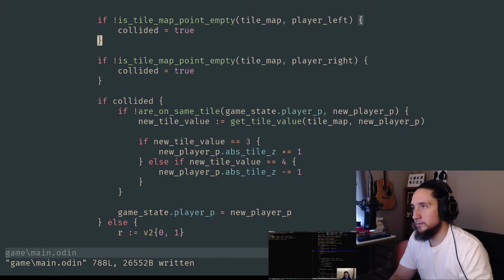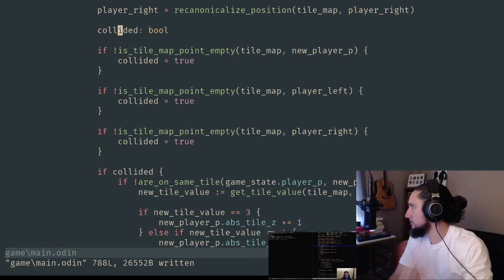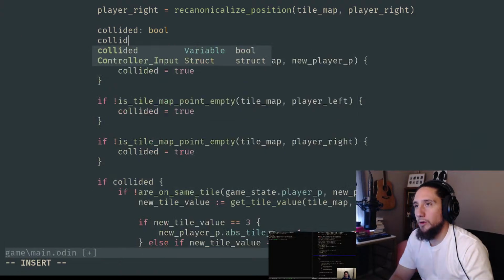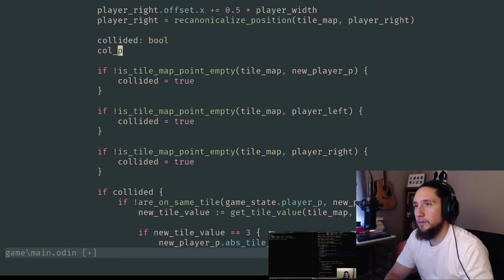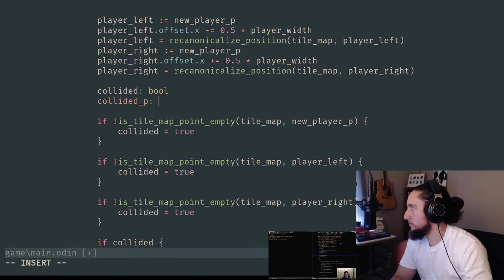So I'm just going to take a look at those collideds, and if I did collide, then what I'm going to do here is say that there's a tile map position, call P or whatever, and that's going to equal, in the case of collision, whatever we actually found was the collision. I'm just going to spell that all the way out, because call P makes me think of column position. Collided P, I think, feels good.